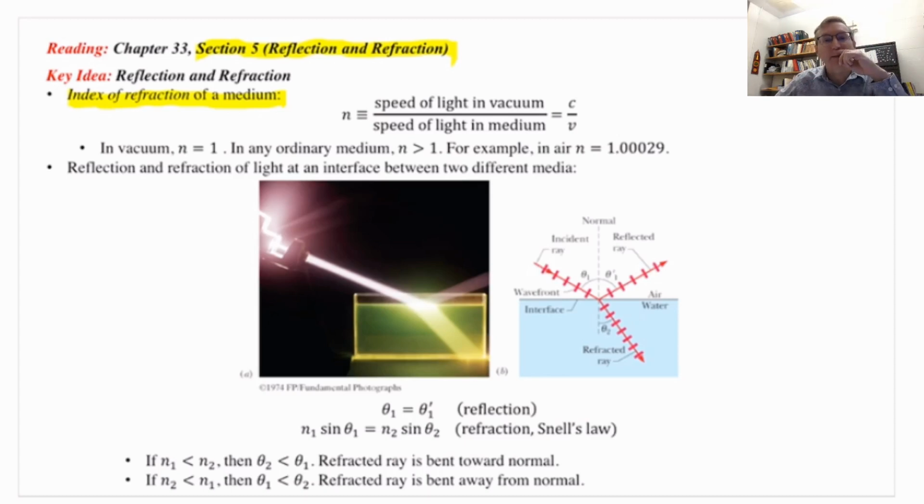That's what vacuum means. And it's well known that electromagnetic waves, when traveling in vacuum, travel at a speed of 3 × 10⁸ meters per second, denoted by the symbol little c, and often just called the speed of light in vacuum.